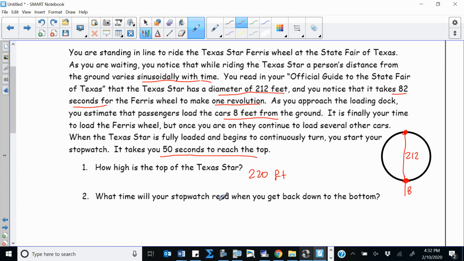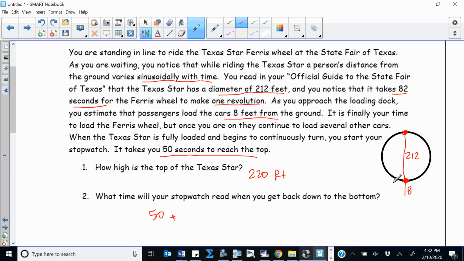What time will your stopwatch read when you get back to the bottom? As you get into the car, it's going to take 50 seconds to reach the top, because they're loading other people. And then after that, you're going to move down to reach the beginning point.